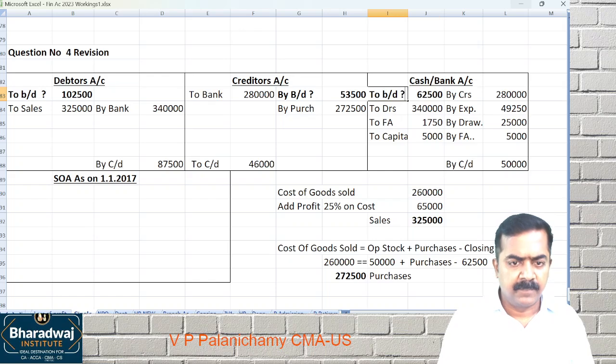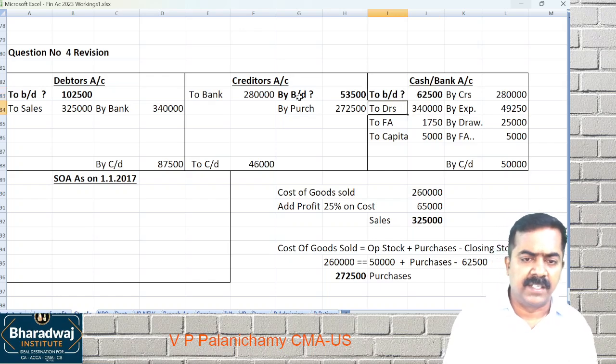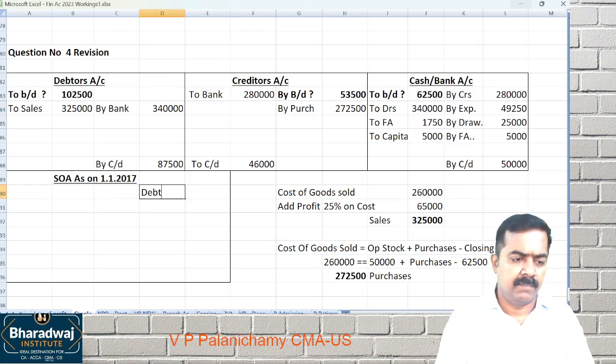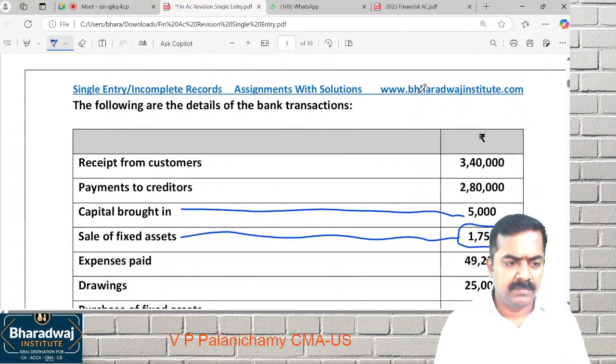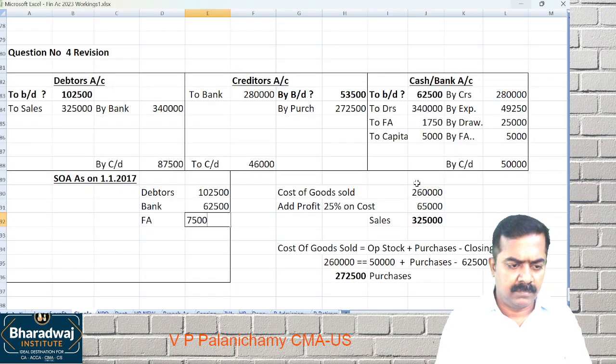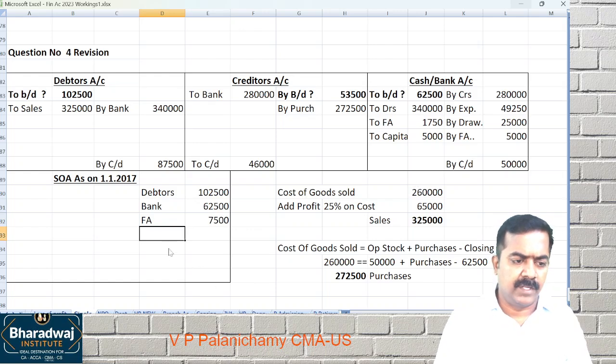So in the question, opening balance of debtors, creditors, cash at bank, or which one? Balancing figures. With that only we can prepare the statement of affairs. Opening balance of fixed asset, how much is there? What else will be there?